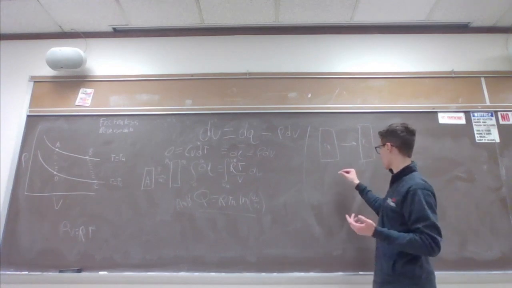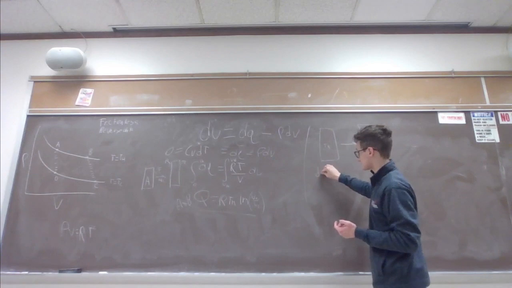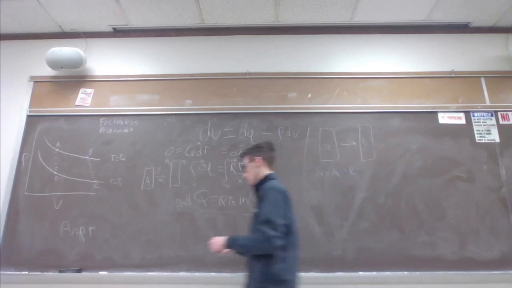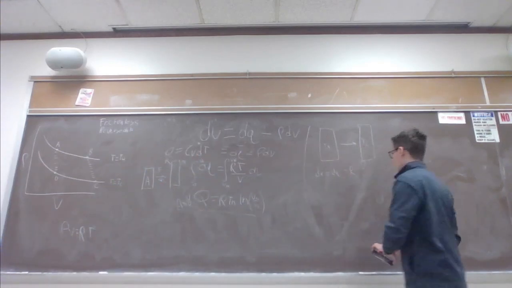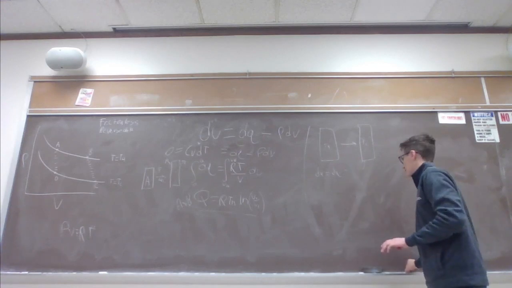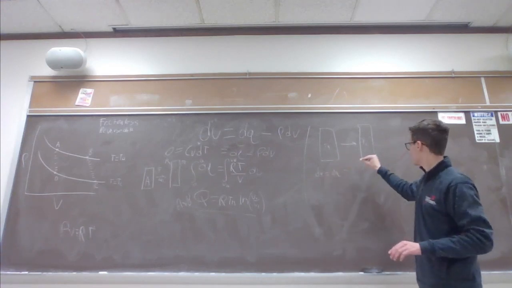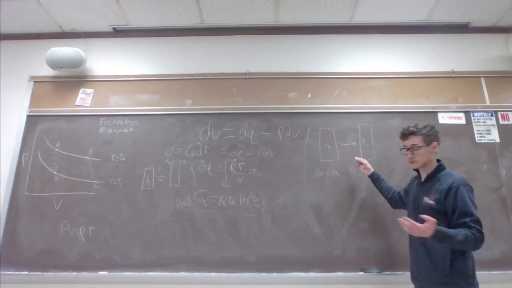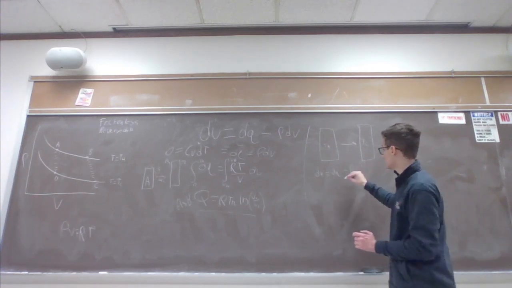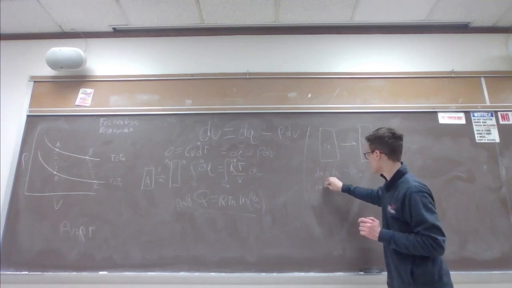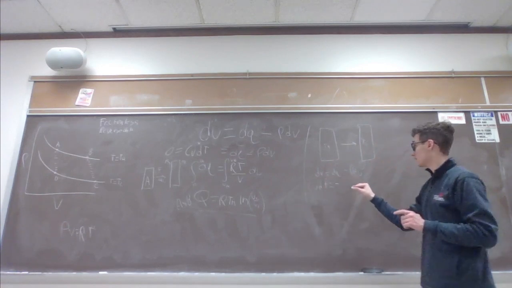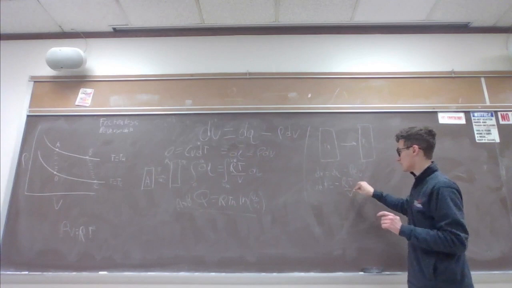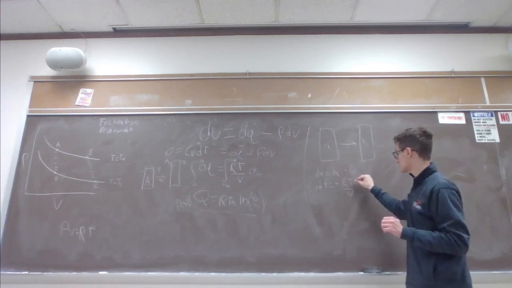And what we're going to do now is derive it. So we would have dU equals dQ minus P dV. With dQ equaling 0, as we know, this would turn into CV dT equals negative P dV, and then what we did over here, it would be RT over V. And with T changing, we're going to want to bring T over here.